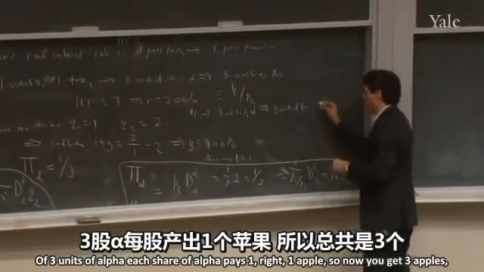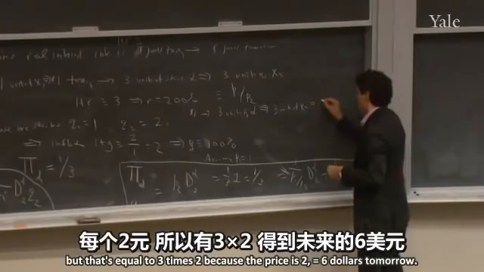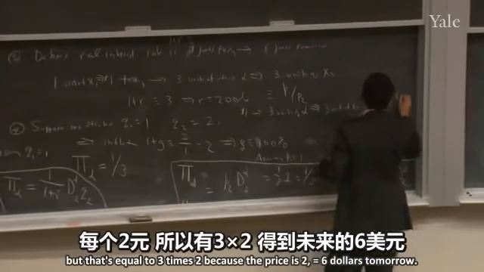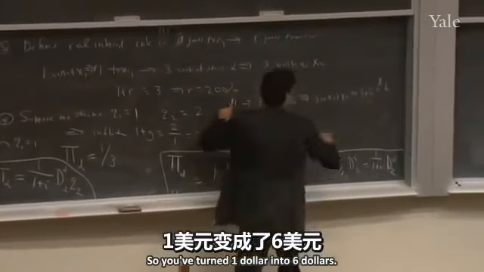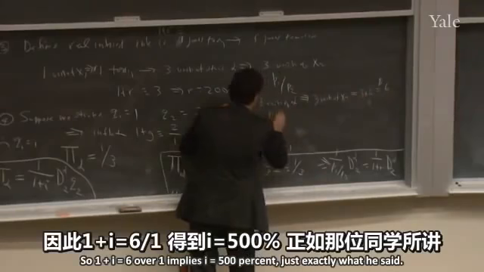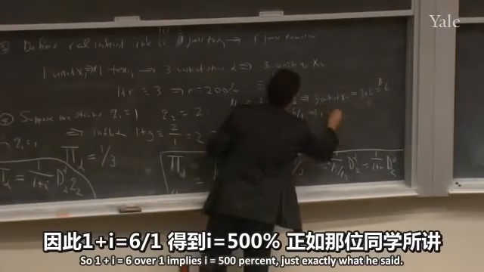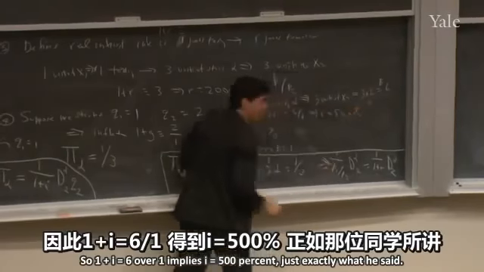So now you get 3 apples, but that's equal to 3 times 2, because the price is 2, equal to $6 tomorrow. So you've turned $1 into $6. So 1 plus I equals 6 over 1, which implies I equals 500%. That's exactly what he said.